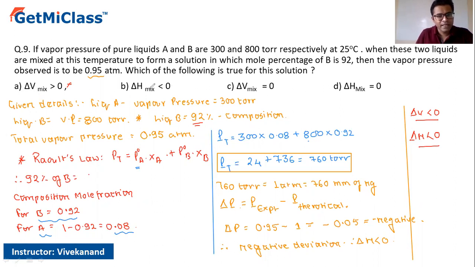Option B, delta H is less than 0. Yes, option B is correct. Option C, delta V equal to 0, no, and delta H equal to 0, no. So these are not correct answers. The correct answer is option B with respect to the delta H value, right? So thank you.